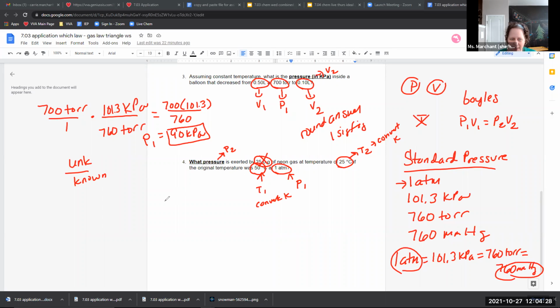No, because on my gas law triangle, moles are always a constant, which means grams are going to be a constant because it's always one species or one chemical. We're not doing stoich, so we're not changing grams of one thing to another. Okay, but starting soon, yes, you might have to convert from grams to moles to do your problem, just not today. And this answer again is going to be 1 sig fig.